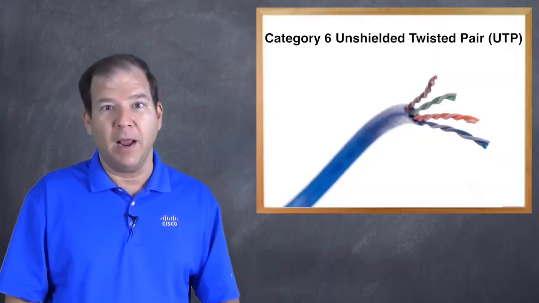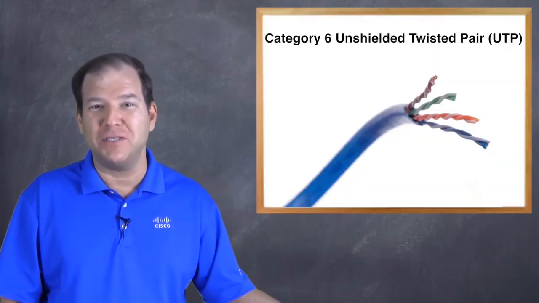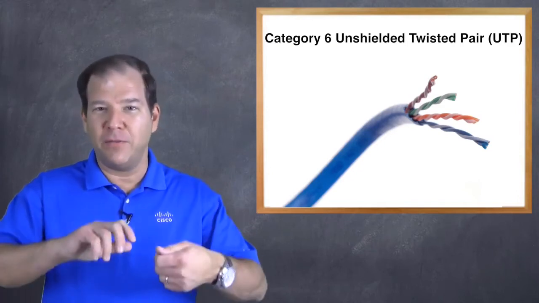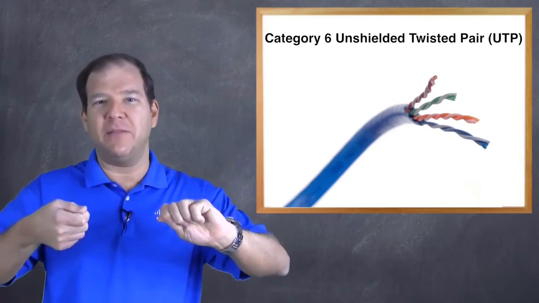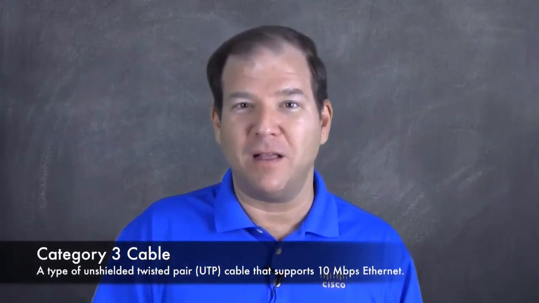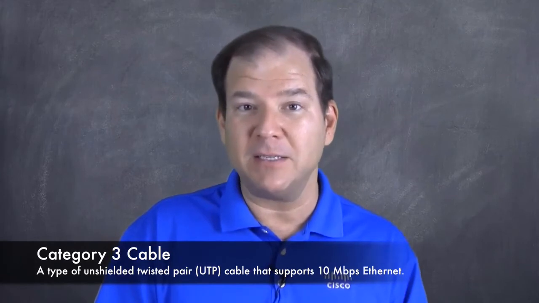Today, though, we rarely see 10BASE-5 or 10BASE-2 technologies. We're most likely to see unshielded twisted pair, and there are even different categories of unshielded twisted pair, depending on the gauge of the wire and how the individual pairs are twisted together. We could have category 3 cabling as one example. That was used in a lot of telephone, a lot of PBX installations.